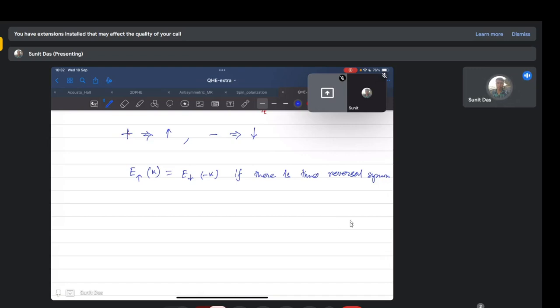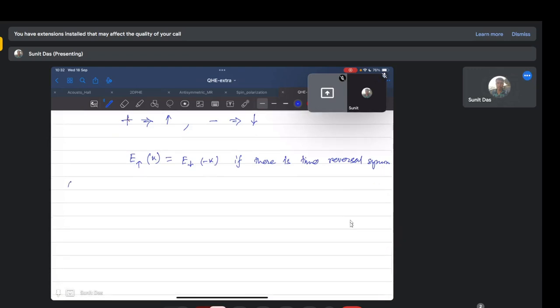So Chern number equal to 0 for a time reversal symmetric system. So what is the topology, and how does this help in having the quantum spin Hall effect, or any other thing, and why is it non-trivial or important, right?